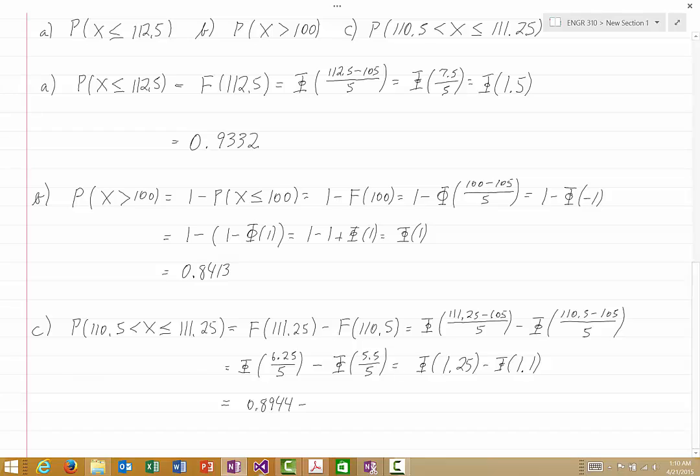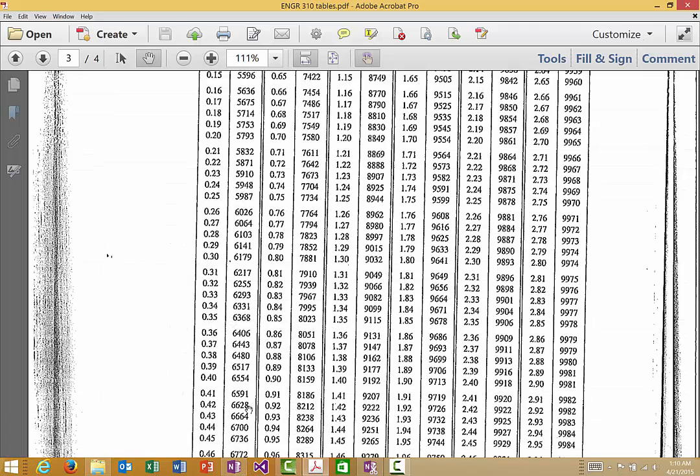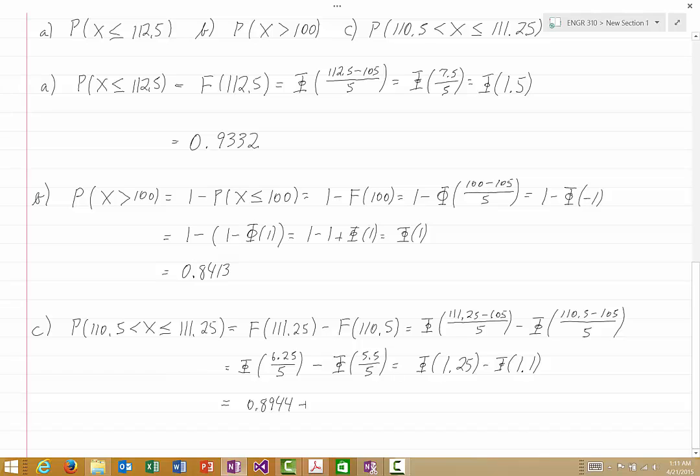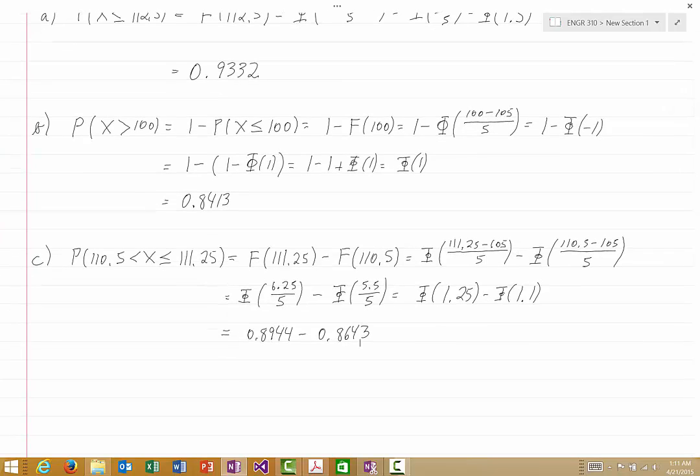And for phi of 1.1, we have 0.8643, and so the answer is 0.0301 for C. And that's it for this problem.